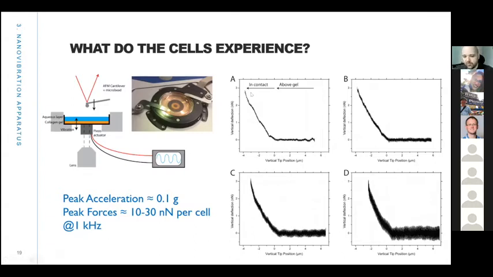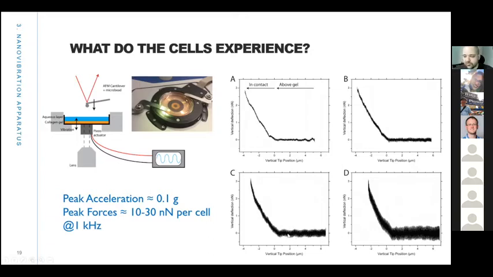But what we could see was that there wasn't really a change in the overall stiffness of the material so much as an introduction of this noise, which we realized was actually the 1 kilohertz vibration that we were applying. And the difference between A, B, C, and D is the amplitude of vibration we're applying. So as we increased the vibration amplitude, you can see this noise increases linearly.